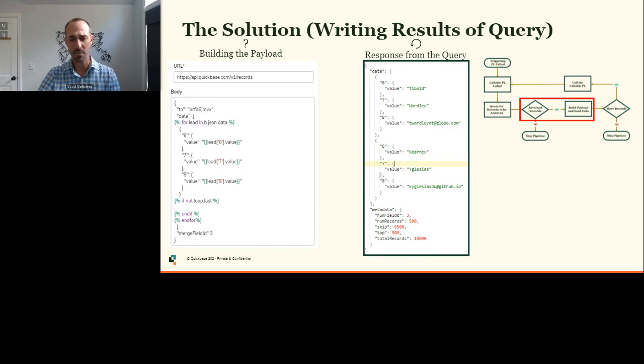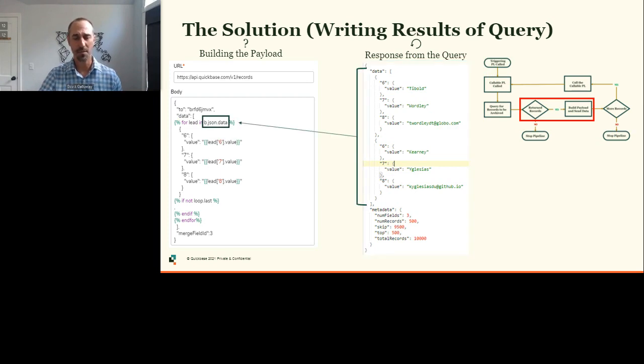So this is the exact same response we were just looking at. So if we look at that response, you have this data array, right, that we pass back, this JSON data array, and we can reference that as a list in our for loop.